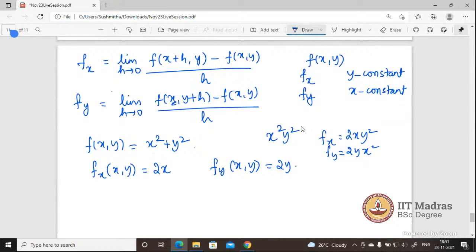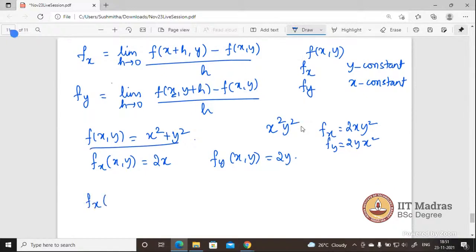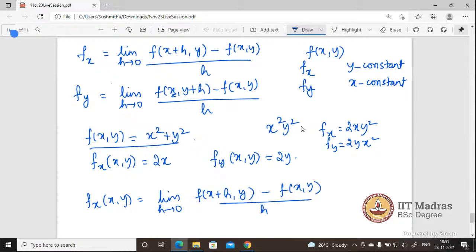But still, we will need this limit definition in certain places. So we will go through this limit definition and check whether fx is true. So this is my f of x comma y. So my fx of x comma y is the limit as h tends to 0 of f of x plus h comma y minus f of x comma y by h.